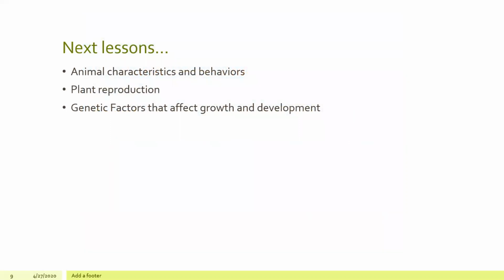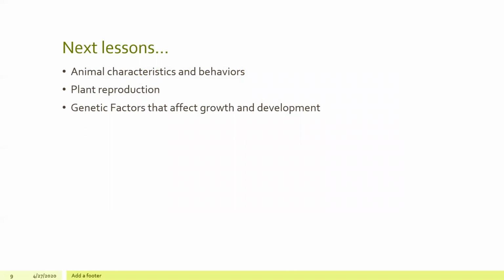Okay, that's it for today's lesson. I wanted to talk to you real quick about next lessons coming up. We need to look at animal characteristics and behaviors. So now that we understand the genetic material is passed either from the same organism or it gets it from another organism, those genetic characteristics actually are a huge part of how organisms interact with each other and make themselves successful in their own organismal life.